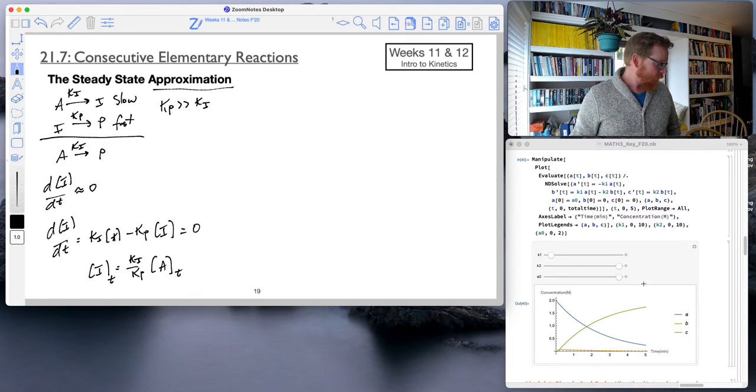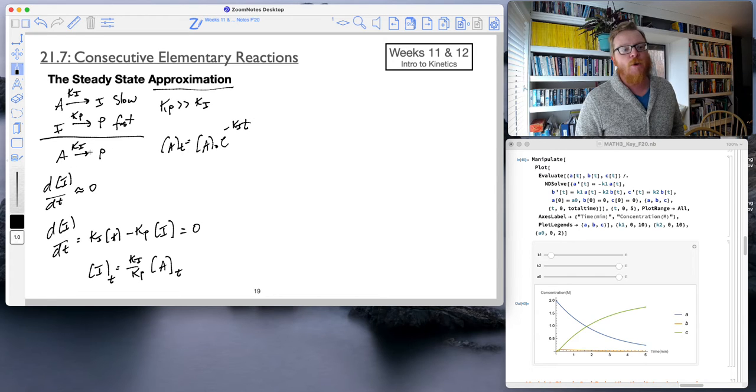Well, we also remember that A had a straightforward solution, right? Because A only appears in one reaction, and so that straightforward solution for A, the unimolecular decomposition, is simply A at any time t equals A0 e to the negative Ki t. So I know I wrote this next to this reaction, but this is true for this slow step, okay?